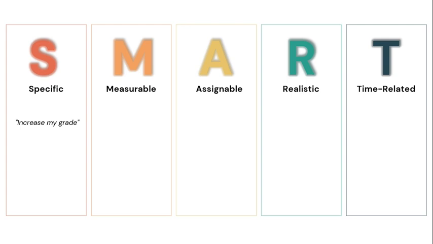Because increase my grade from what grade and to what grade? Because if you say you wanted to increase your grade, some people may think, or you may think, that you have achieved your goal if you go from 85 to 89. So "increase my grade" is too vague.